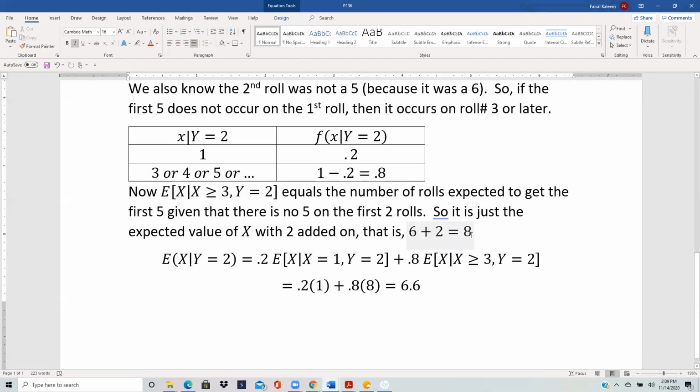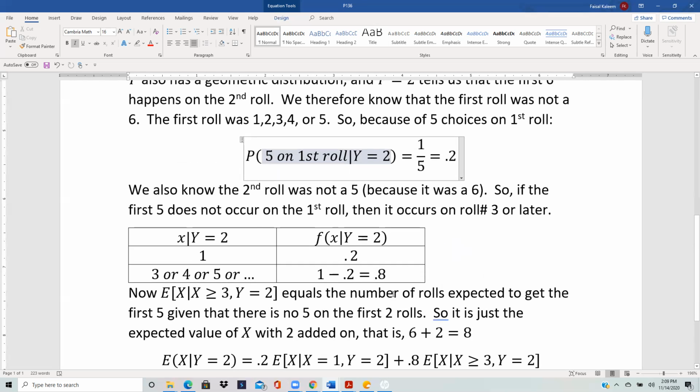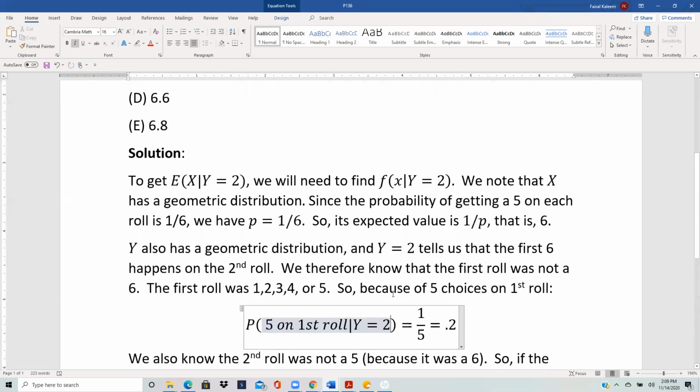So that'd be eight. So now we have all the information to calculate this. So 0.2 times 1, as we already talked about, plus 0.8 times, and this expected value we just figured out was 8. 0.8 times 8, so that ends up being 6.6, which is choice D.